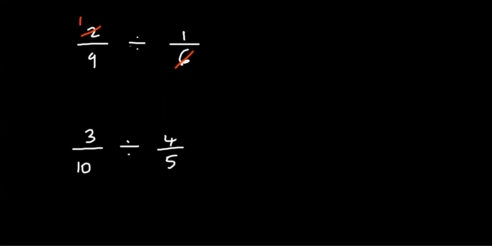So that becomes 1/3. And then you just multiply across as usual. Sorry, I forgot to change that to a times. Silly me. Okay, so we start by changing that to a times, and then we flip the second fraction. So that becomes 2/9 times 6/1.